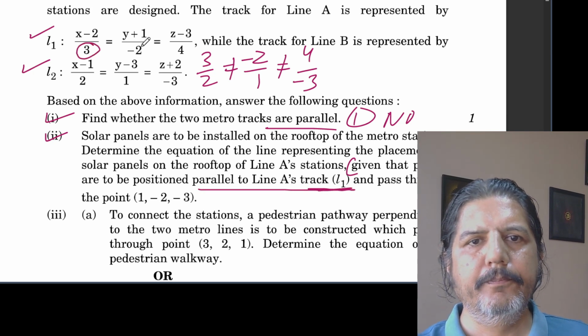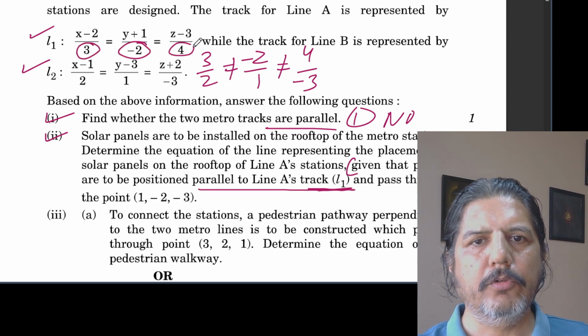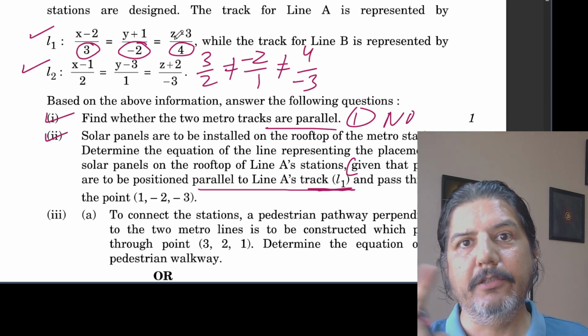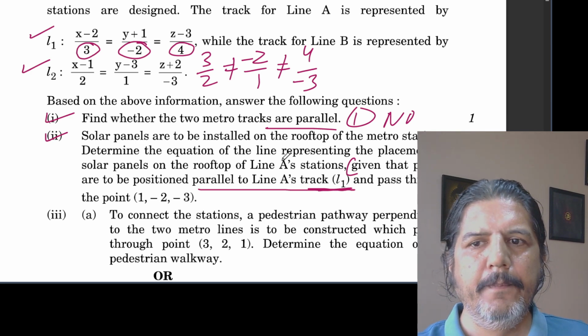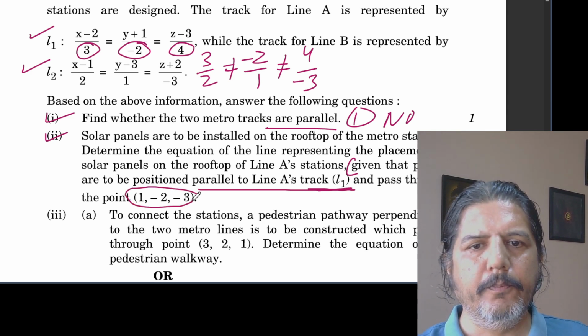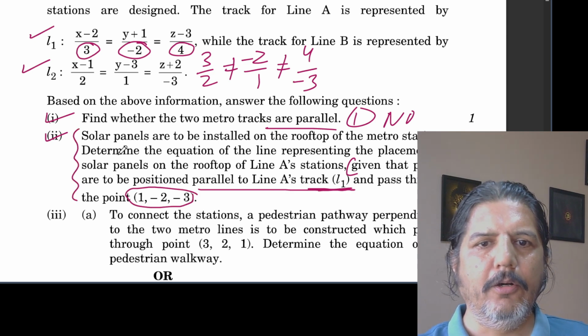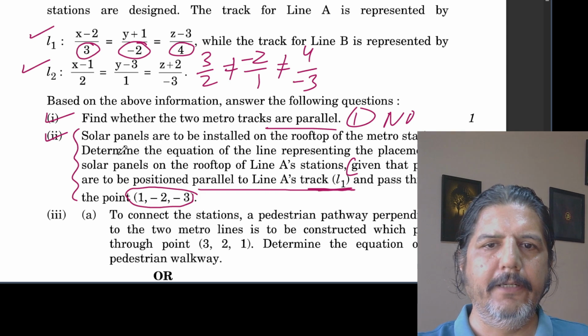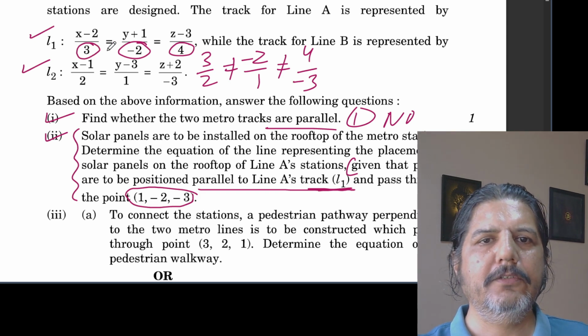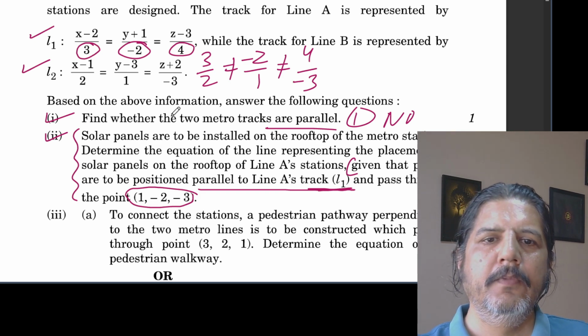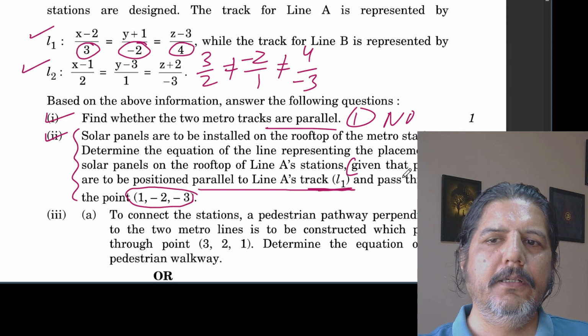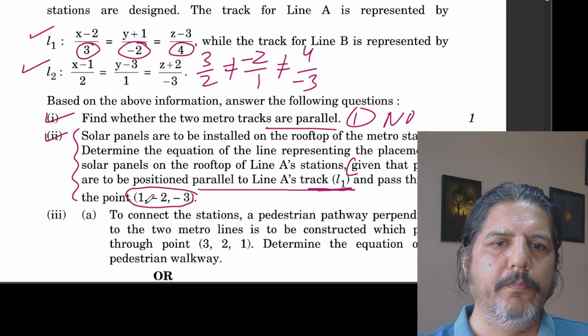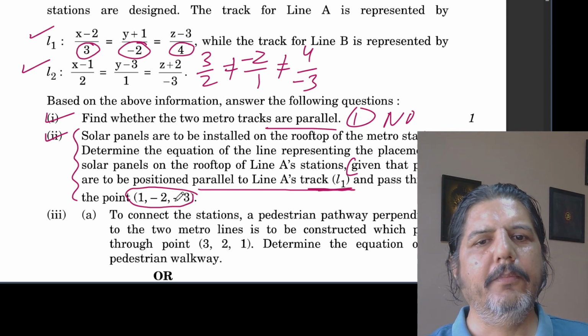If they are parallel, then the direction ratios of the solar panels would be 3, minus 2 and 4, and the line passes through this point. So in all this story, what they are trying to say is that we want the equation of a line which has direction ratios 3, minus 2 and 4, and passes through the point 1, minus 2 and minus 3.